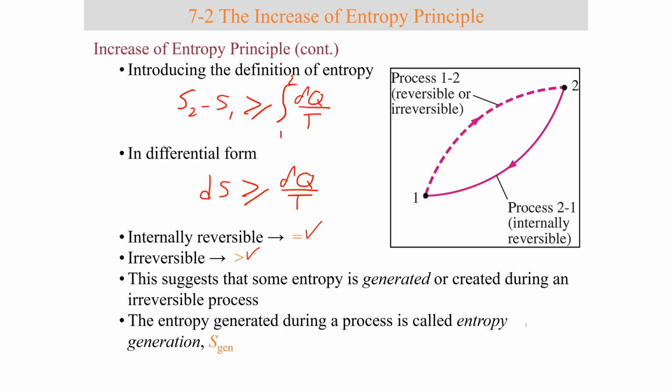Basically, what this suggests is that some entropy is generated or created during an irreversible process. So this is another term that will eventually be brought into what we would call a second law analysis, and this term is called entropy generation.